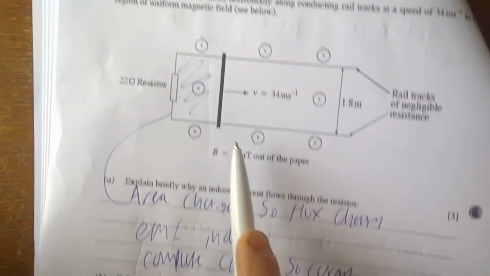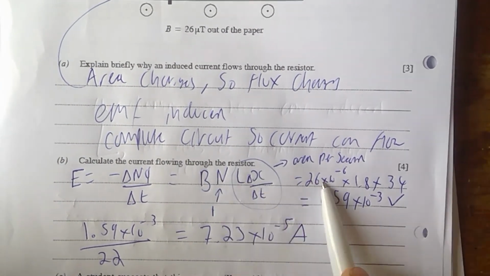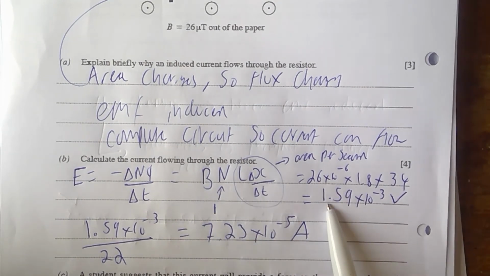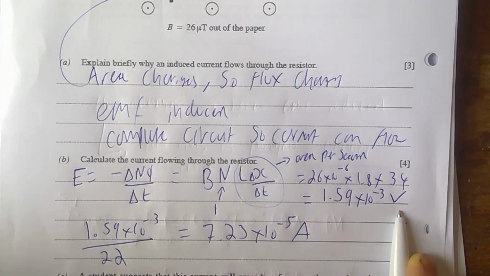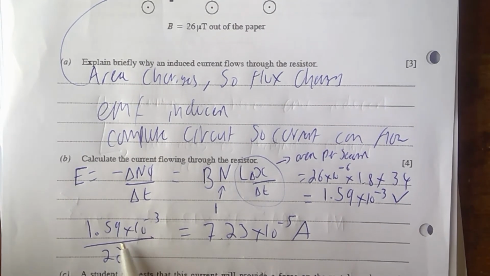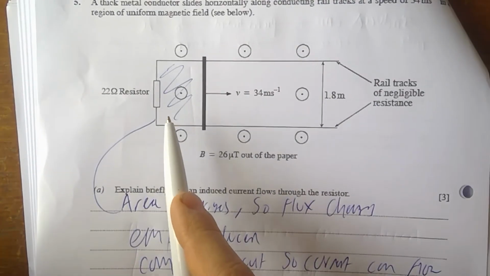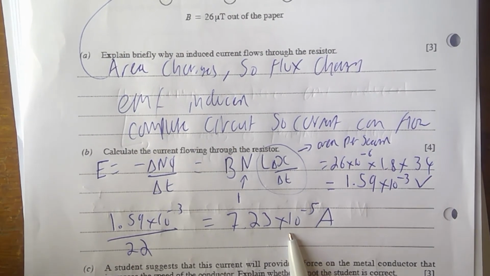And delta x over delta t is the 34 meters per second. So it's just the same as BLV, basically, because N is 1. You should get 1.59 times 10 to the minus 3 volts. V over R is I. So we should be able to work out the current now.